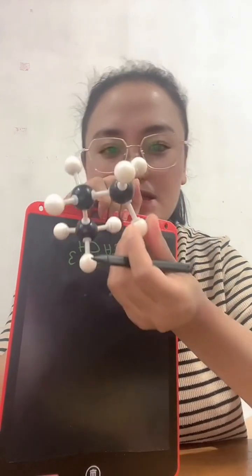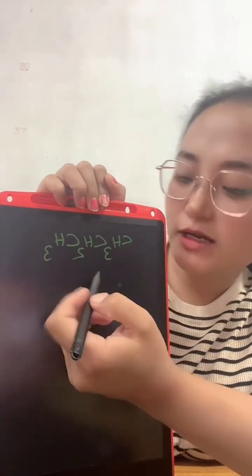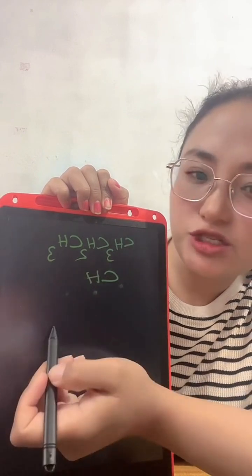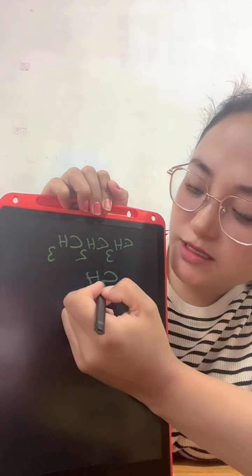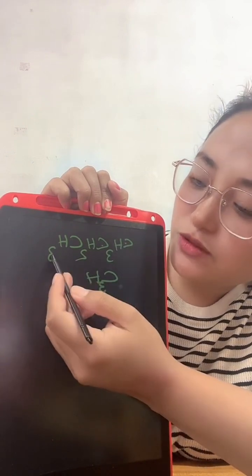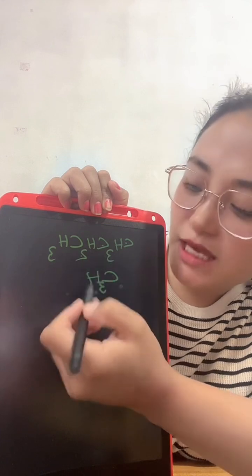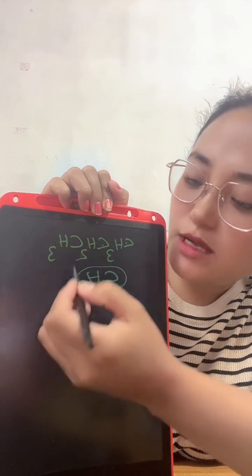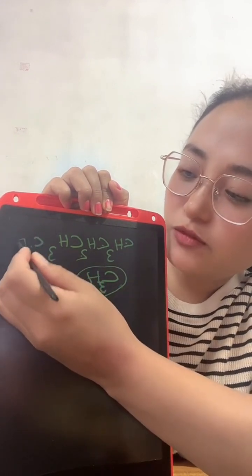3 plus 2 plus 3. Let's see now how to get the molecular formula from the condensed formula. Hydrocarbons have only C and H. The carbons, 1, 2, 3, there are 3 carbons, so C3. Hydrogens, 3 plus 2 is 5, 5 plus 3 is 8. So this is your molecular formula, and this is your condensed formula.